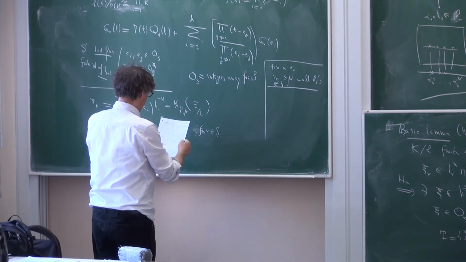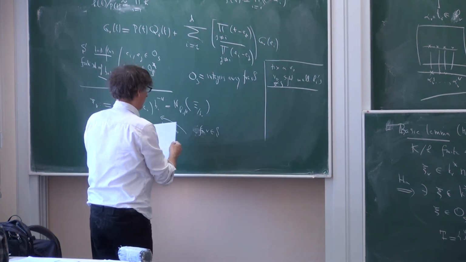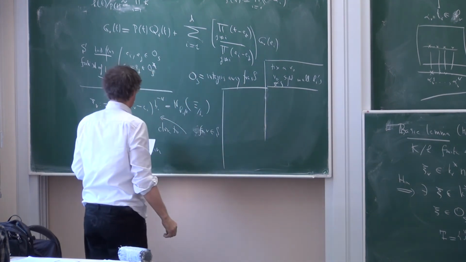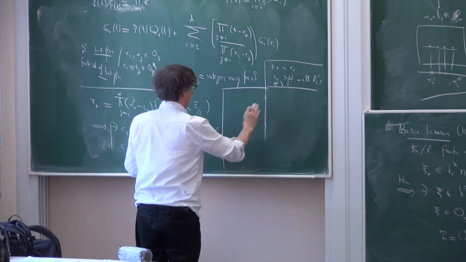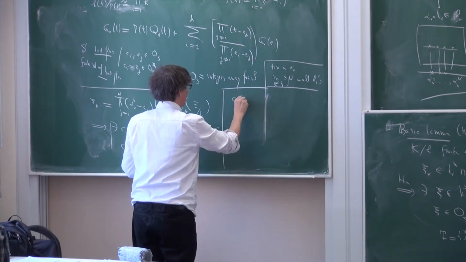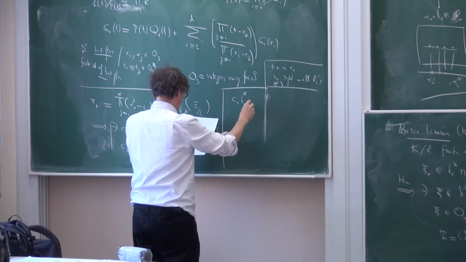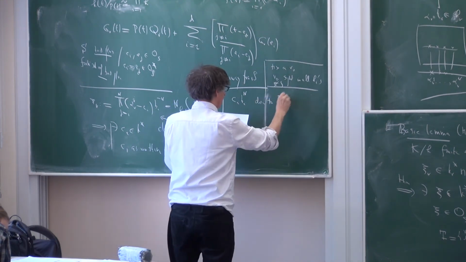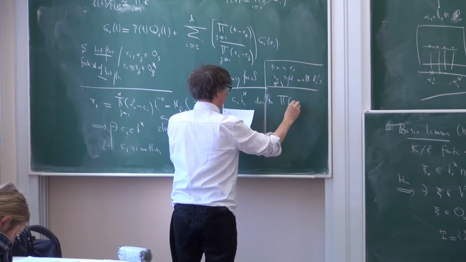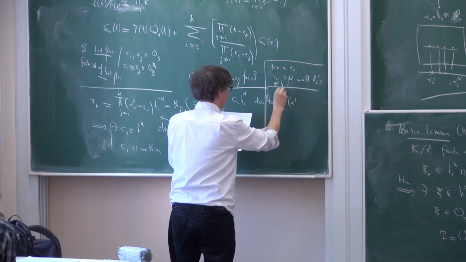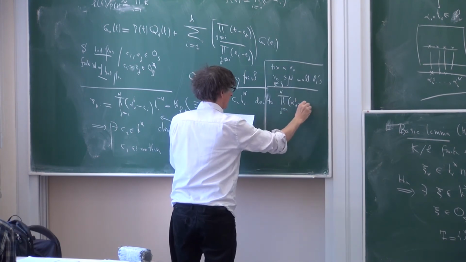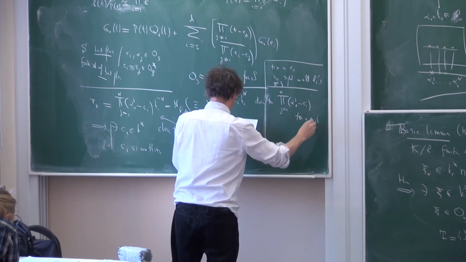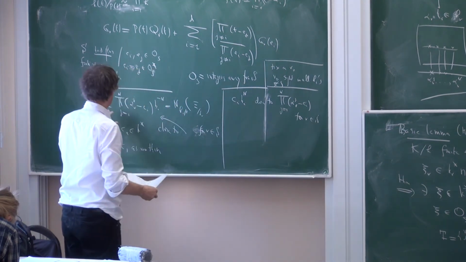So what happens is that the conclusion, Ci bi to the capital N, is close to the product of the alpha j, j equals 1 to n, of the alpha j minus ei, for V in S. This comes from here.